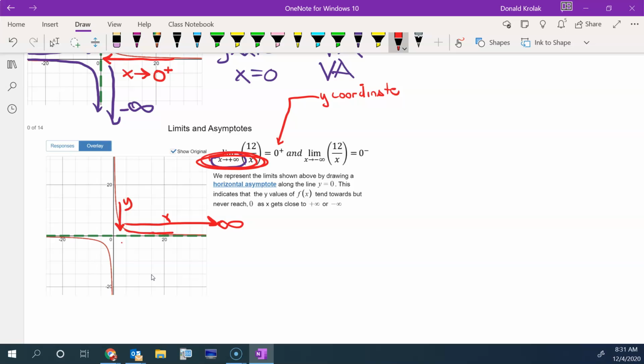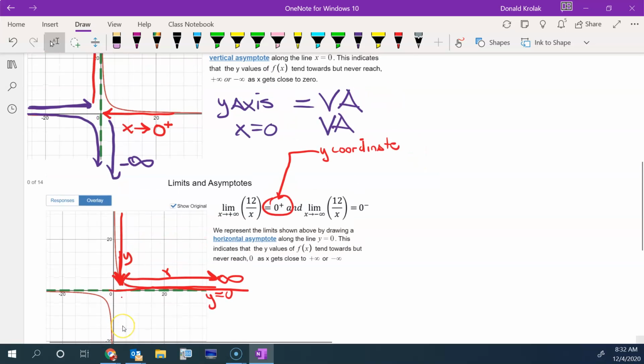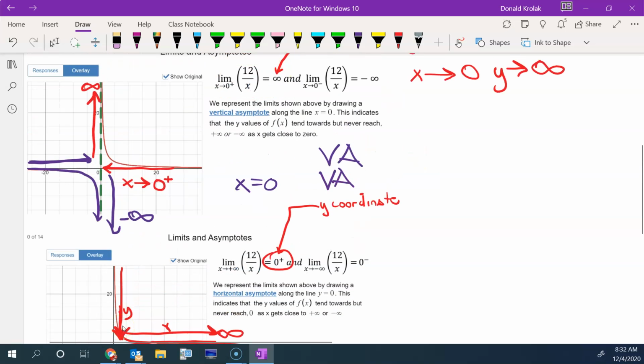It's getting really, really close to the line y equals 0. So when I write 0 plus on this, it means the y is getting close to 0 from above it. It's approaching the line y equals 0 from above. That's what this means. So this 0 plus, guys, you see it's got two meanings depending on where you use it.